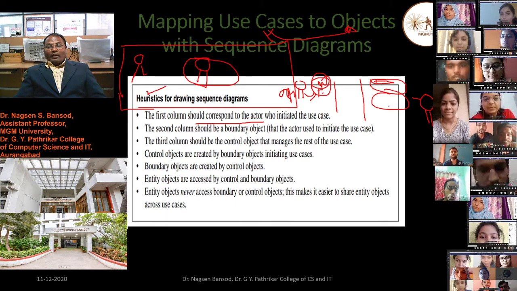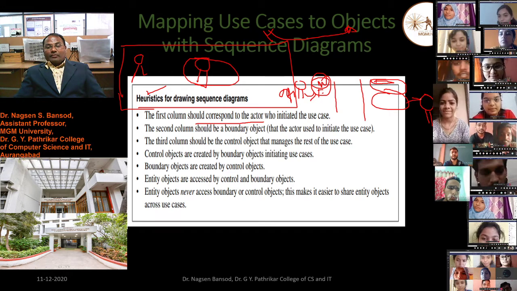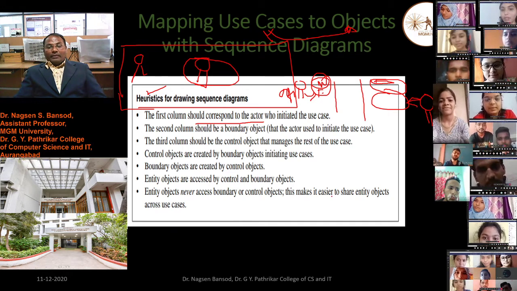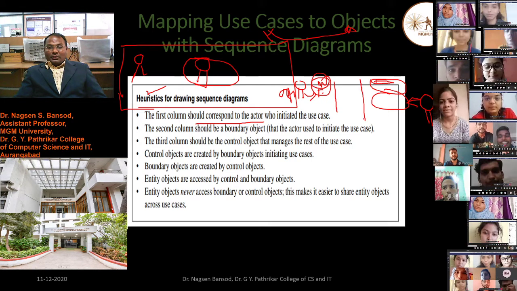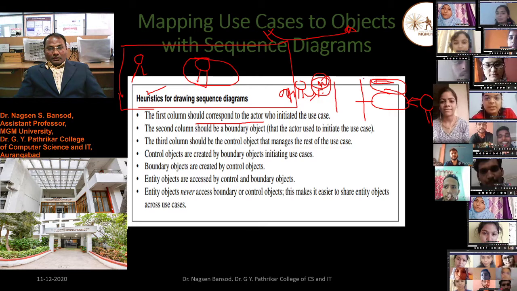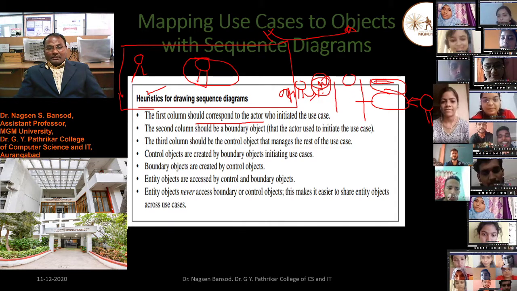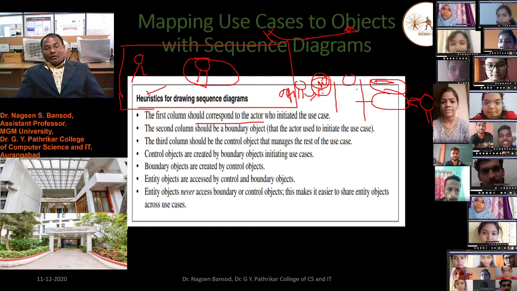When the control object is not accessed by the entity, then it will be easier to share the entity object across the use cases. Suppose there are many use cases, they can share the control.